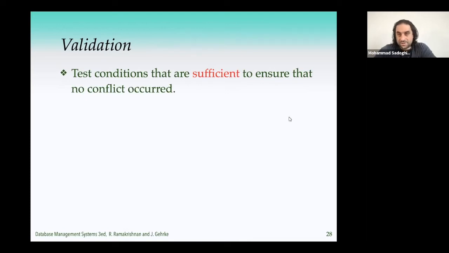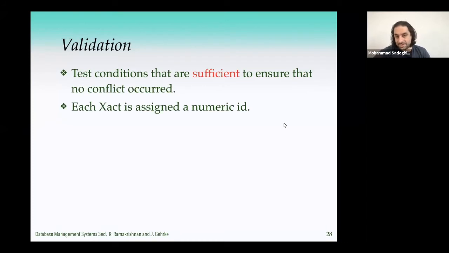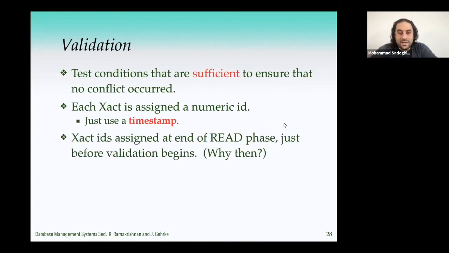To test the condition and ensure that there's no conflict, each transaction is assigned a numeric ID, which could just be the timestamp. These transaction IDs are assigned at the end of the read phase, just before the validation begins. In other words, at the beginning of the certification phase. Why then? I'll let you ponder that. Why can't we assign them earlier? You can assign them earlier, there's nothing that prevents it.